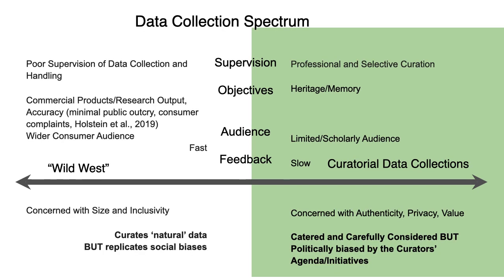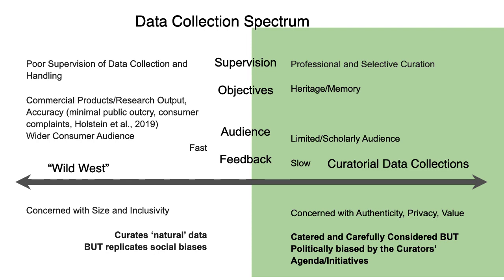And then of course, in the Wild Wild West spectrum, we want to basically replicate natural data, which means we want to ingest as much data representing the world in its natural form as possible, but that replicates societal biases. And in archives, it's curated and carefully considered, but it's politically biased by the curator's agenda and initiatives.